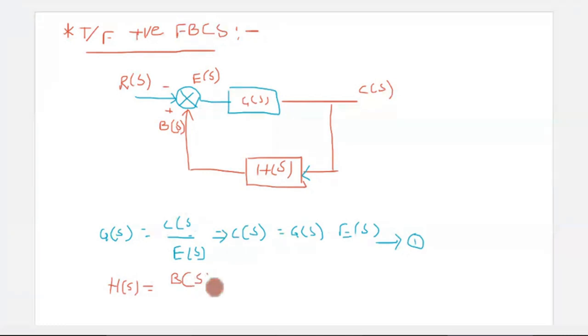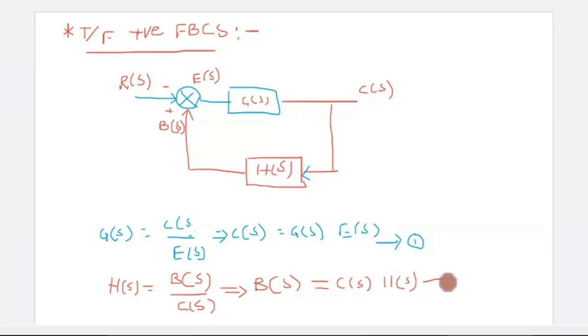From that we have to find out B of s, right? Yeah, all steps are the same, ma'am, but the only difference is positive and negative. Okay, from that what's the B of s? C of s into H of s. Yeah, C of s into H of s. Consider that is equation number 2.